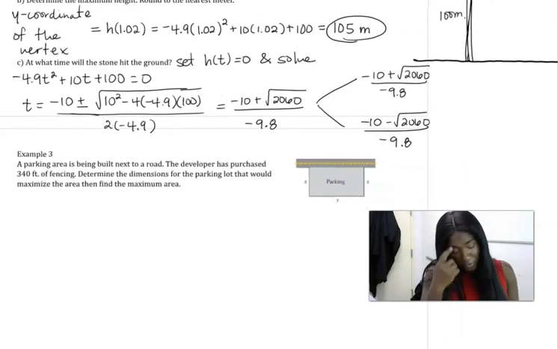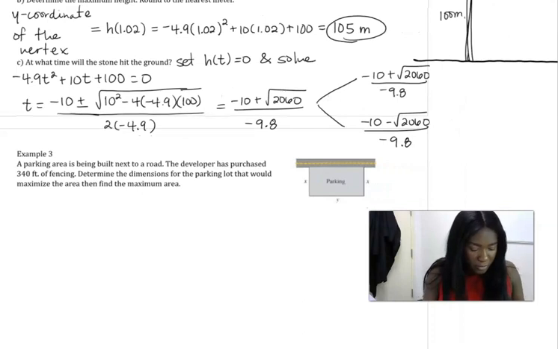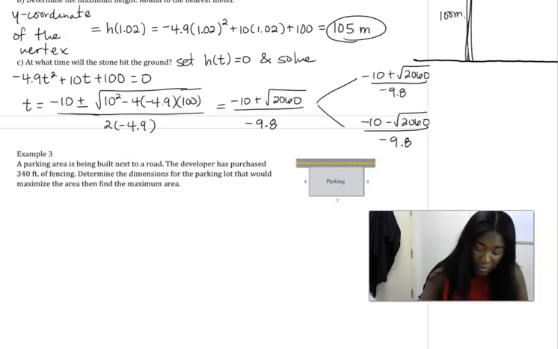So I'm going to evaluate both of these. The square root of 2060 is not a perfect square. So negative 10 plus the square root of 2060 divided by negative 9.8 comes out to be approximately negative 3.6.